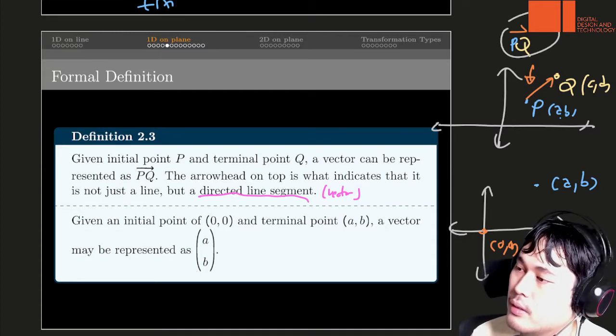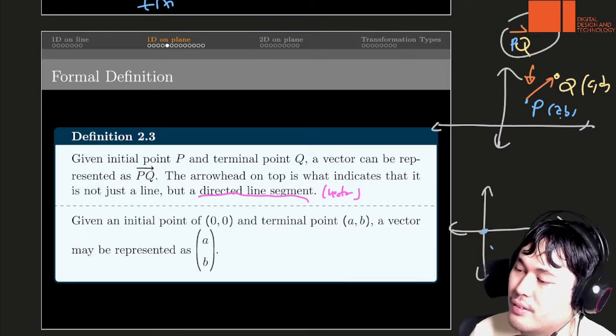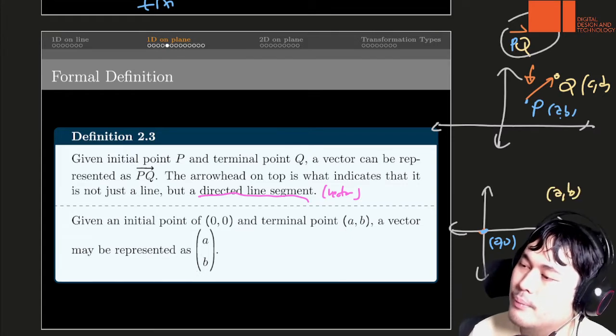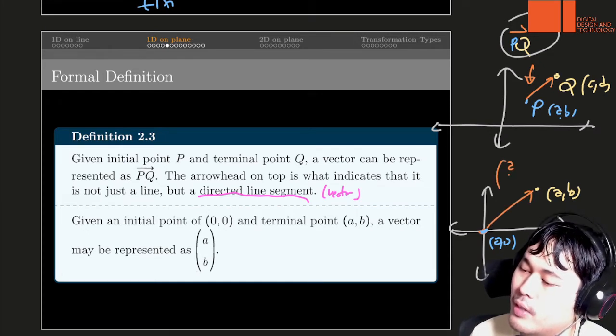I should change the color to be consistent with what we have above. From (0, 0) to a point (A, B). Let's say that's a point. Then the result, this vector, is the AB vector.